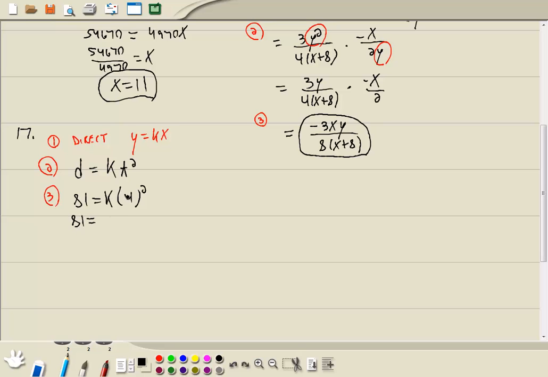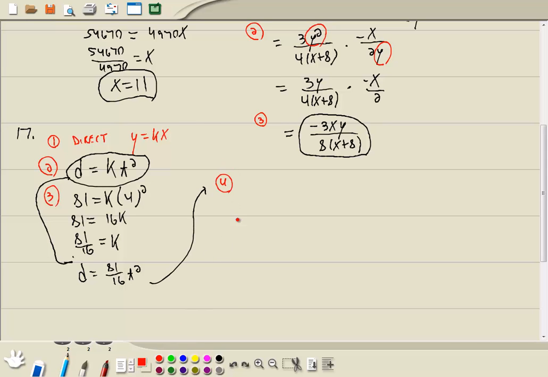So we got 81 is equal to k times 4 squared, which is 16. Divide both sides by 16. We got 81 over 16 is k. And now we want to plug that into our formula from step 2. So we now know what k is. So we got d is equal to 81 over 16 t squared.